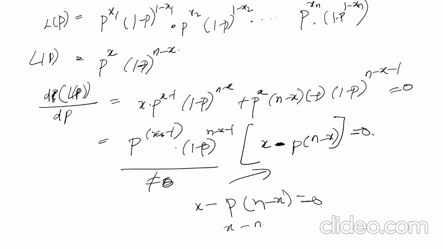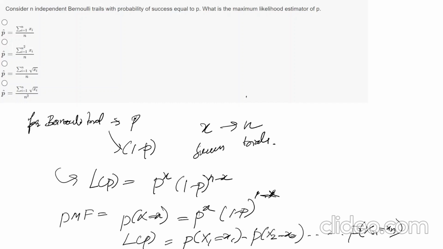x minus p n plus p x equals p into n minus x. Then p is equal to x by n minus x. So considering the value of n, x is very, very small. Hence we can write it as just x by n. So p is equal to x by n, which is the maximum likelihood estimator of p.